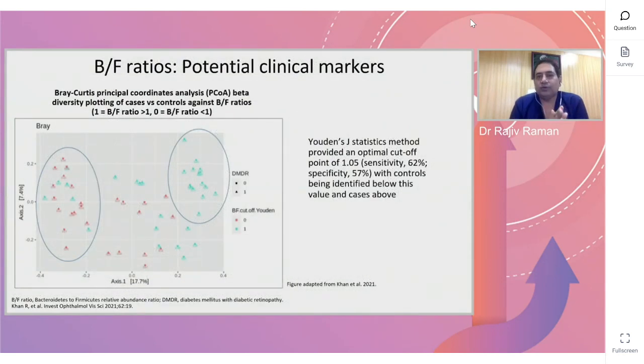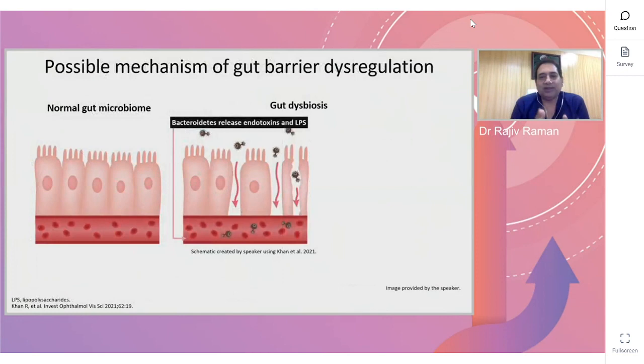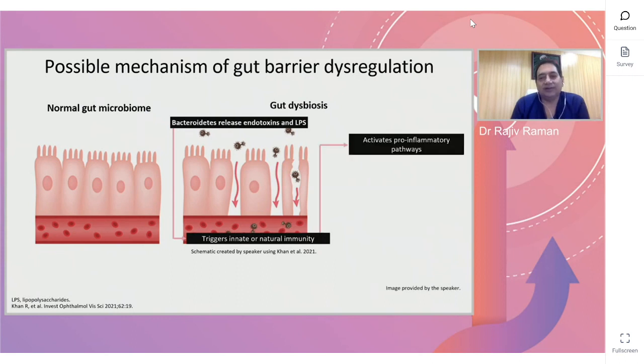And so we also tried looking at a cutoff. So probably a cutoff of 1.05 of this ratio can demarcate people who have DME versus no DME. Now, why this is important is because those who have this gut dysbiosis, the bacteroides release these endotoxins and lipopolysaccharides, and they trigger innate or natural immunity.